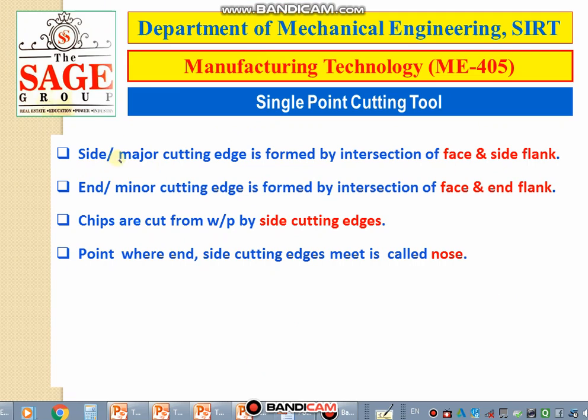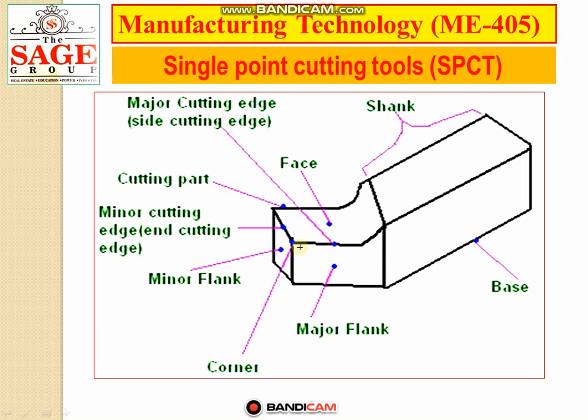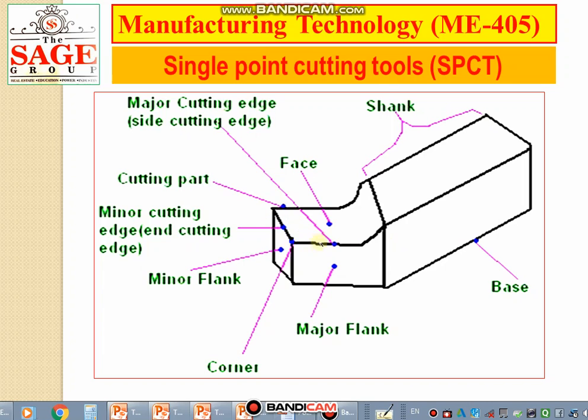Here it has been shown that the side or major cutting edge is formed by the intersection of the face and the side flank. Now we go back to the diagram. Where is the side cutting edge? This is the side cutting edge, and how has it been formed?